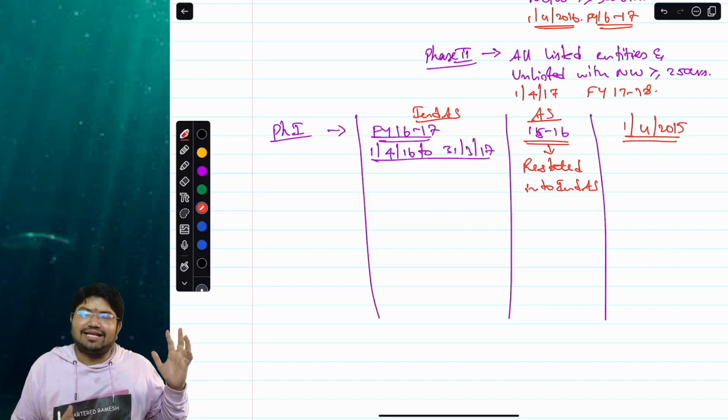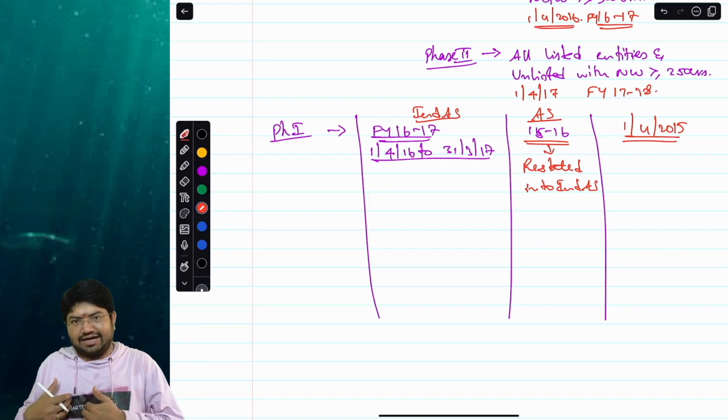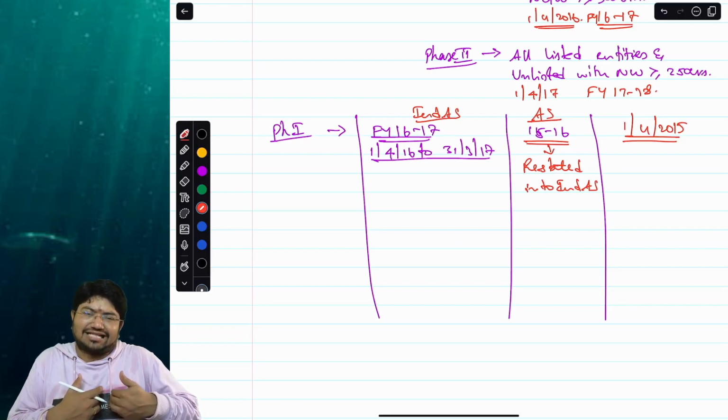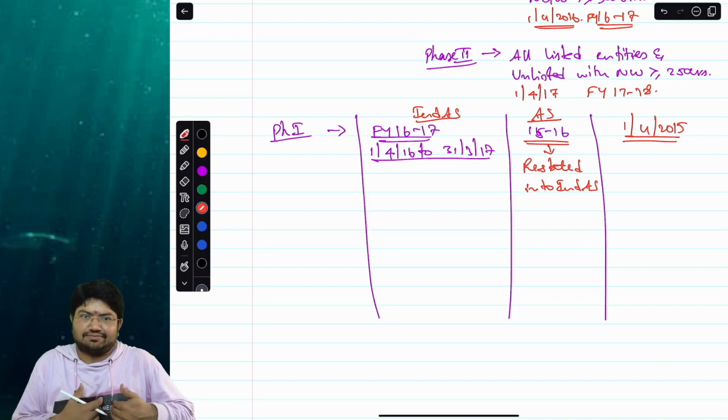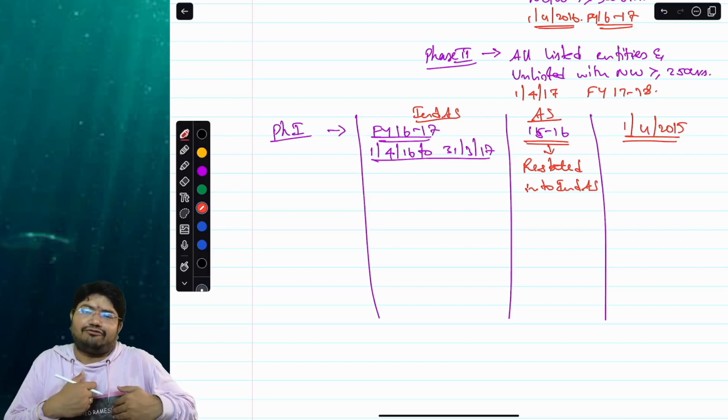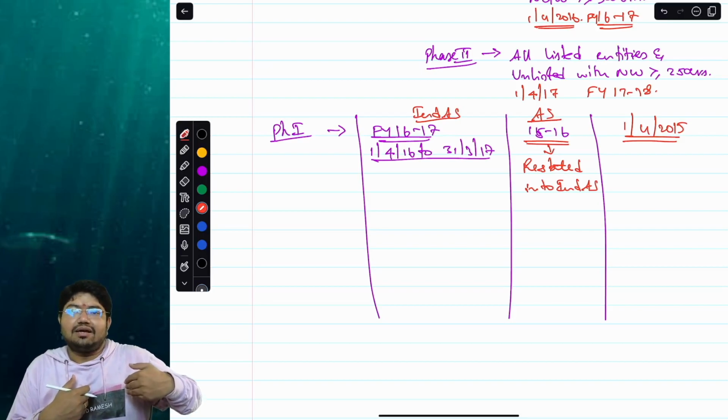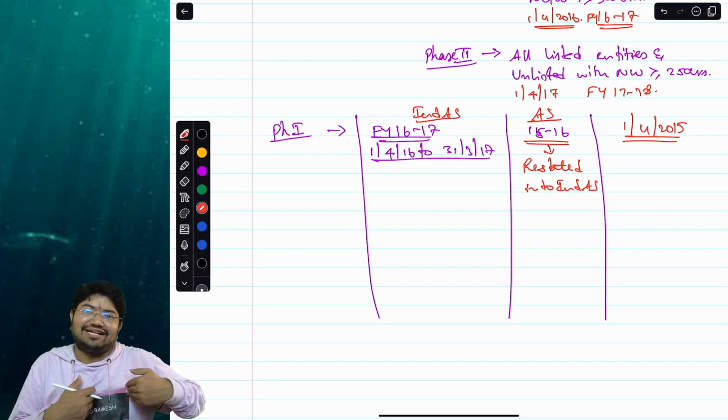you are presenting 16-17 financial year under Ind AS, for which you need last 1 year's data also under Ind AS, that is 15-16. If I have to prepare 15-16 data also under Ind AS, I need the first day of 15-16 to be my first Ind AS event date.